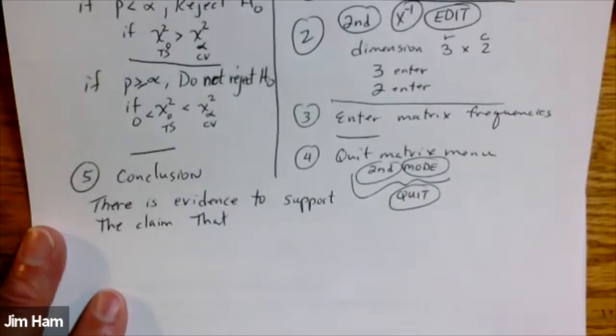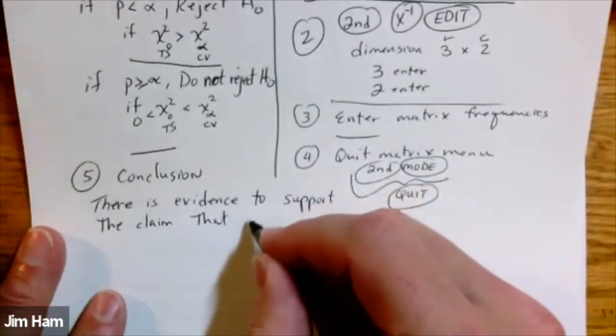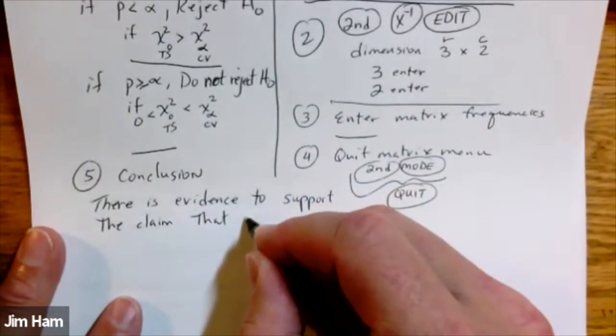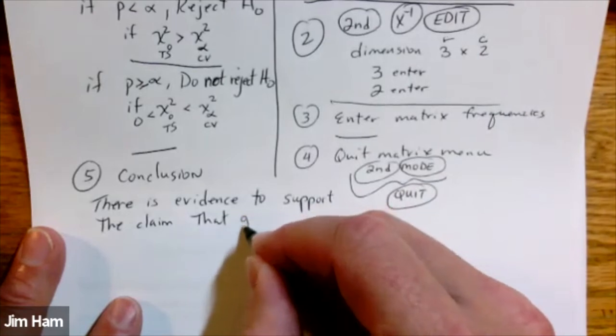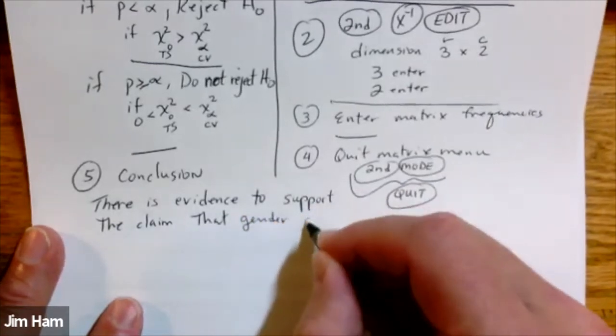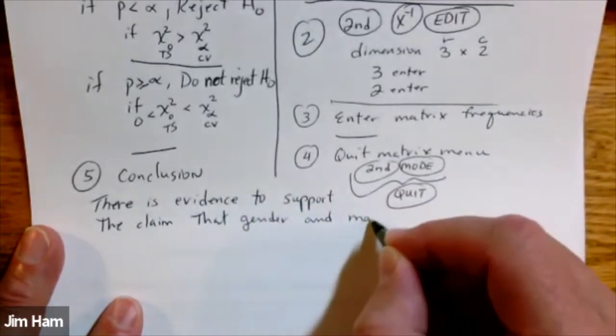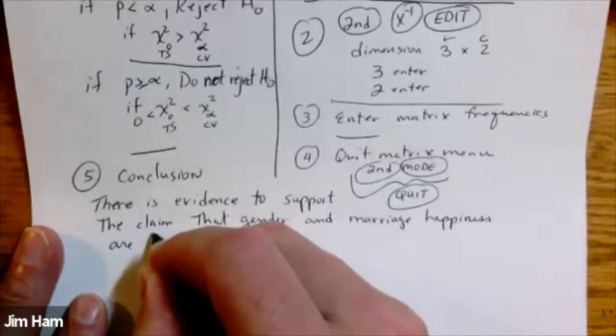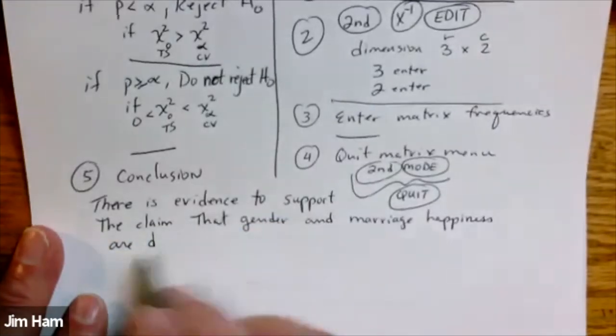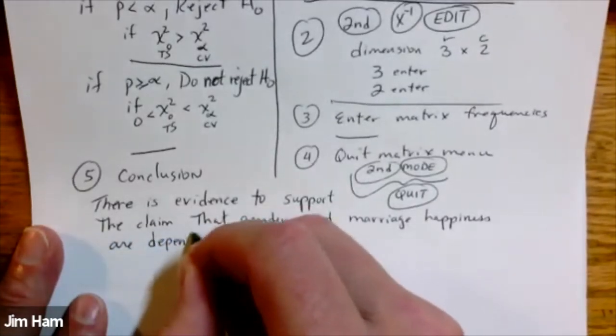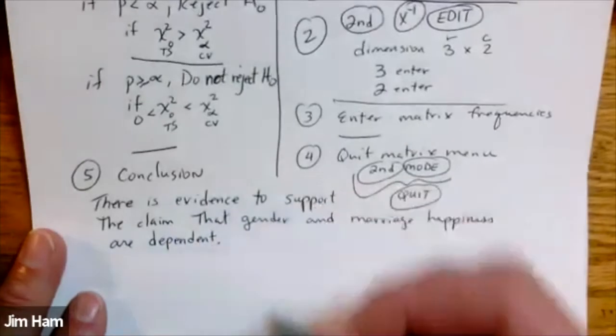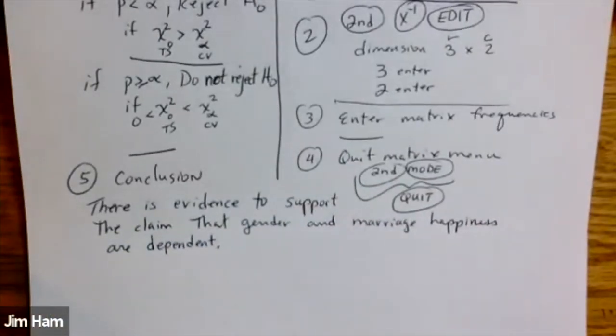Now we have to say something about the differences between males and females in that question. We could just use the dependent language: gender and marriage happiness are dependent. But I'm actually going to require a little bit more than this, because I want you to tell me what that means.